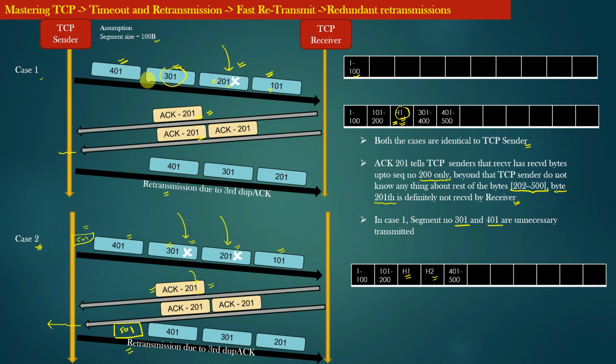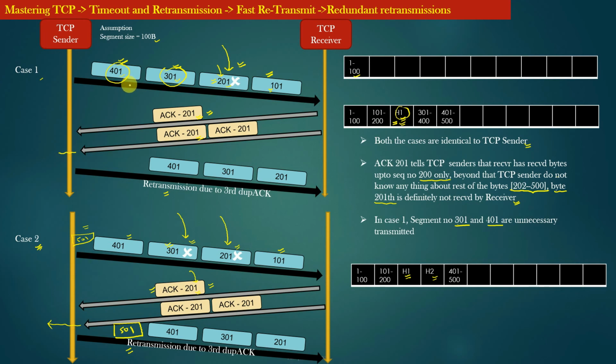So this segment and this segment have been unnecessarily retransmitted by the TCP sender, irrespective of the fact that the segment which was lost was only the segment with sequence number 201. Segments with sequence numbers 301 and 401 were successfully received by the TCP receiver.